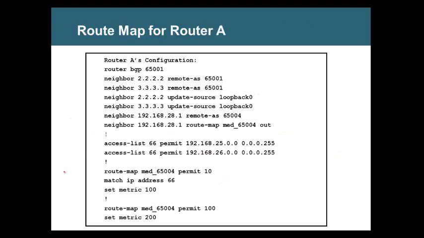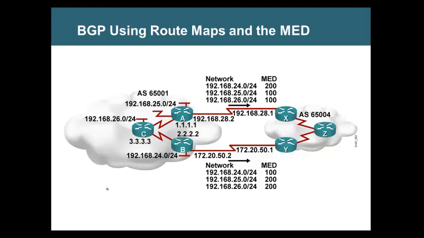Like this. This is the configuration on router A. Pay very close attention on router A. 25, 26 should have 100. 24 should have 200.